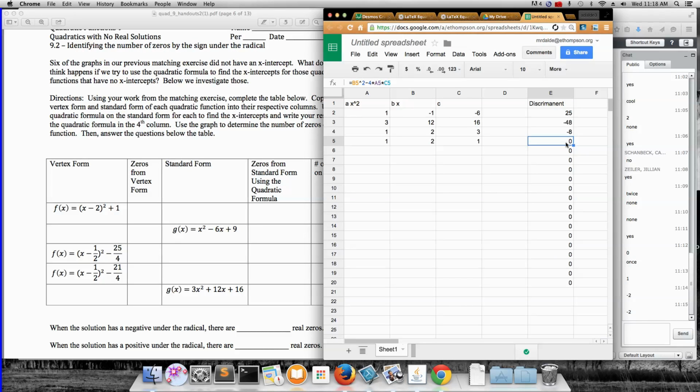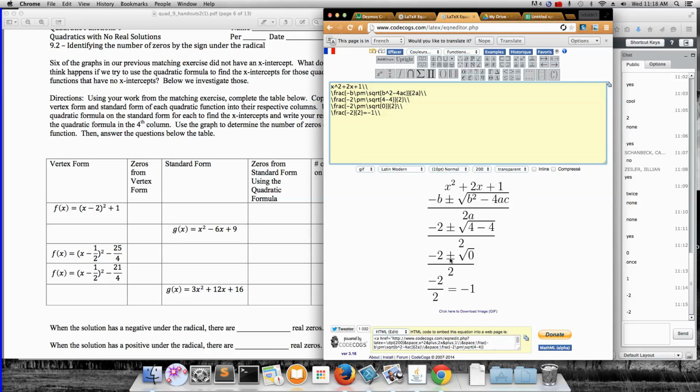When the discriminant equals 0, you get rid of the plus or minus part because you don't need it. The plus or minus part is what gives us those 2 answers, the plus version and the negative version. So essentially we just killed it, and it only gives us one answer.